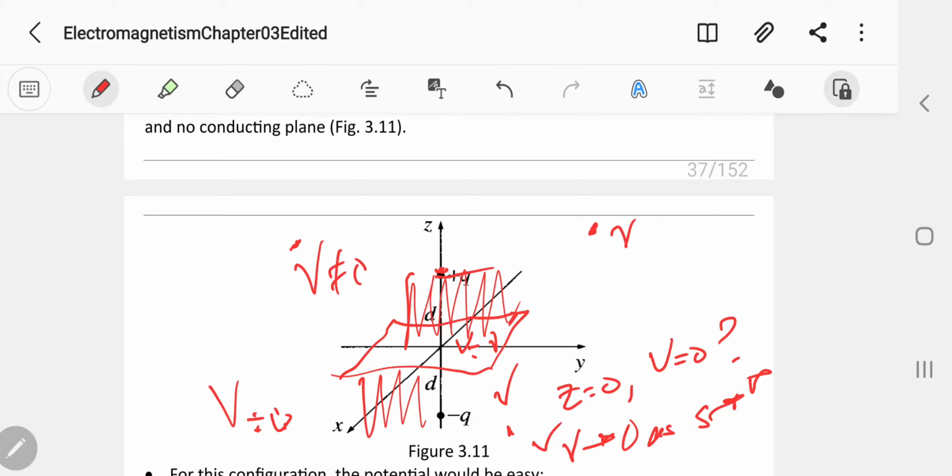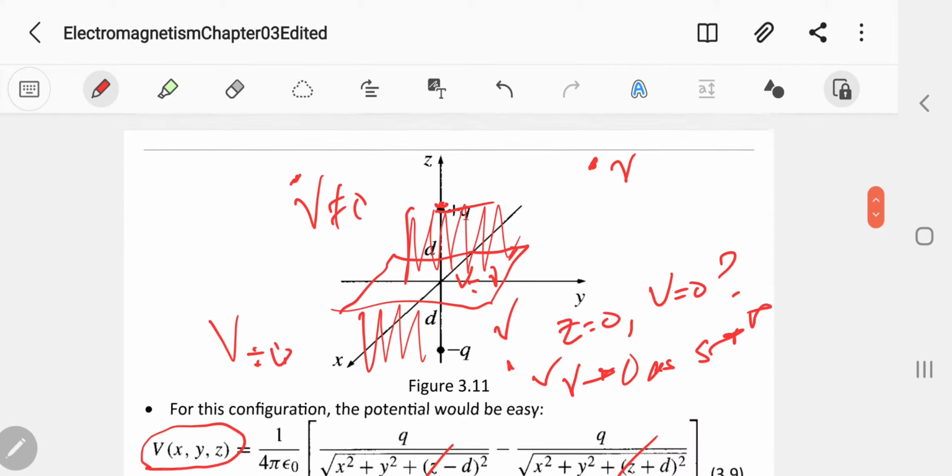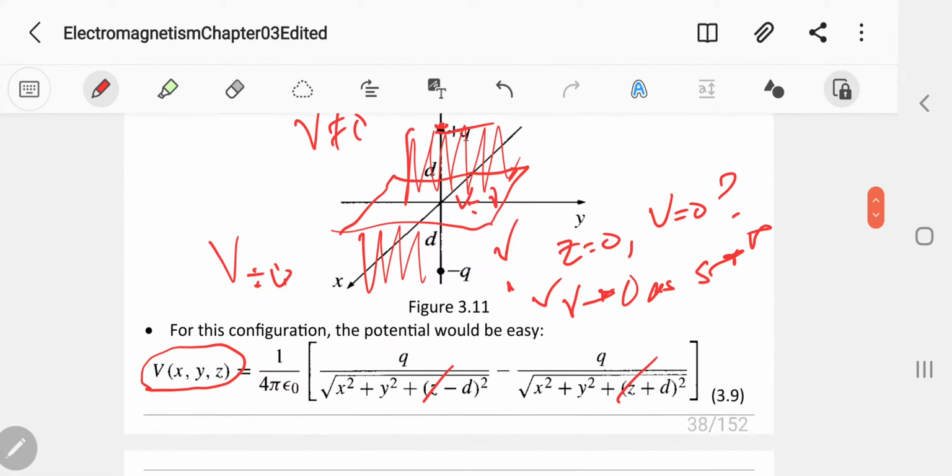So this potential, therefore, is the correct potential of the system, which we can use on the upper side of the plane.